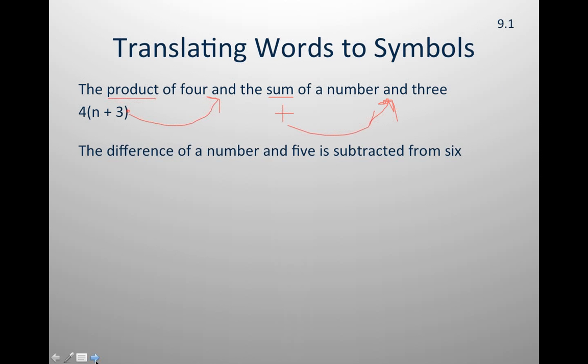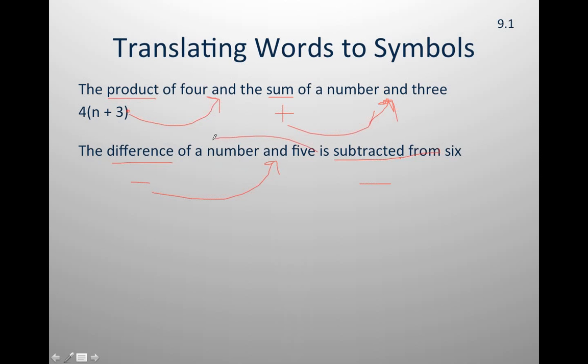The difference of a number and 5 is subtracted from 6. Okay. Now, here we got, this is subtract. And then this one means to subtract. So we got 2 subtraction signs here. The first subtraction sign goes right here because the and tells us to. This subtracted from, okay, remember we said less than, subtracted from, and take away from. The order changes.